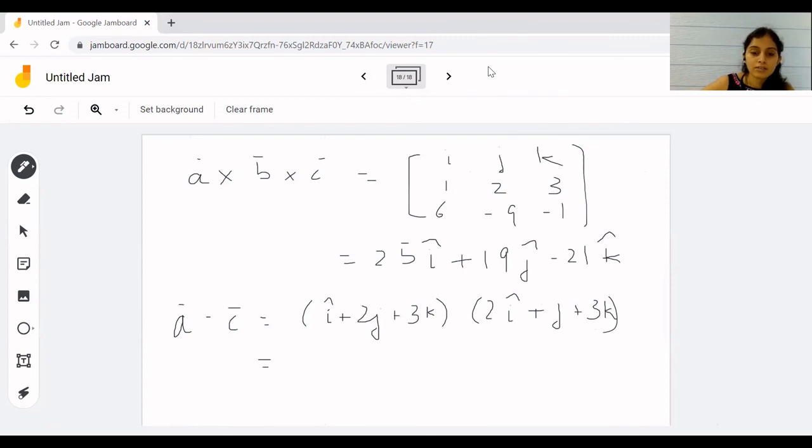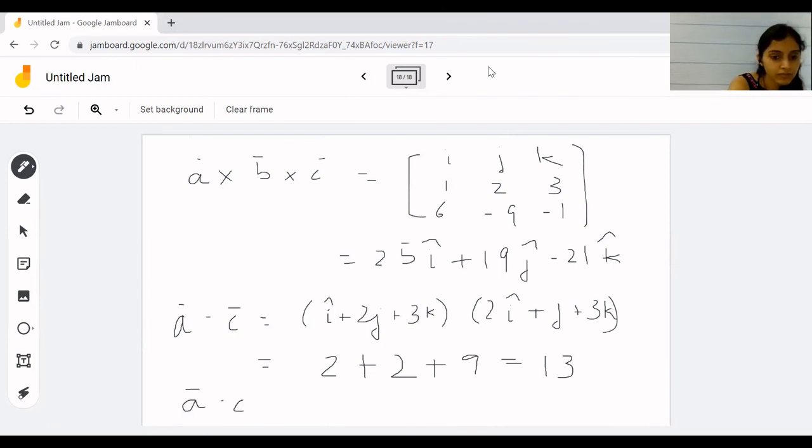So i dot i is 2. So basically you will have 2 plus j dot j, that is 2 into 1, plus 2 plus 3 3s are 9, that is 13. Okay, then a bar dot c bar into b bar is equal to 13 into the vector.